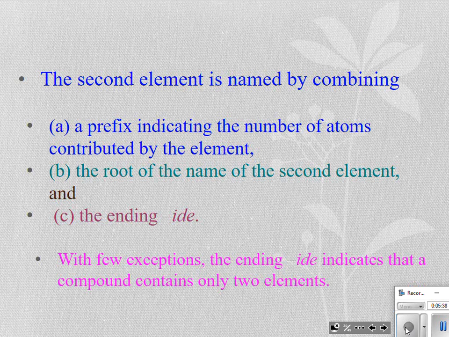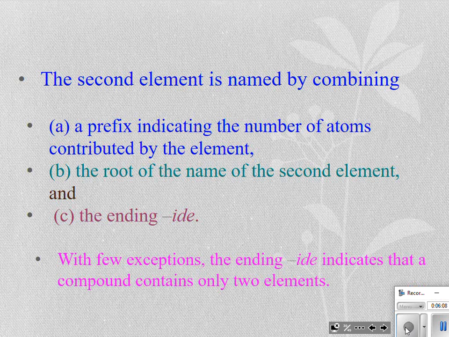So with a very few exceptions, if something ends in IDE, it indicates that you will most likely have a compound that has two elements. Now, I said that there are some exceptions, okay? And there are, but most of the time, an IDE ending tells you that you have two elements.